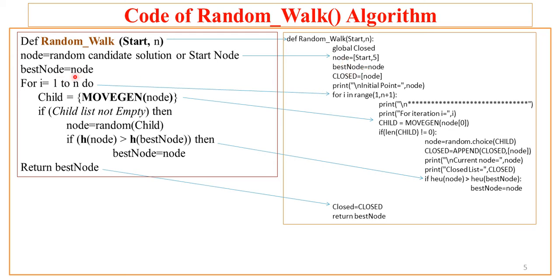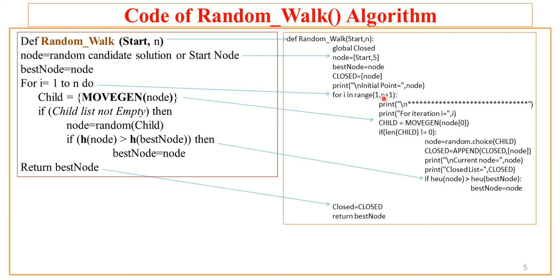Then the for loop for i equal to 1 to n, under which these 5 steps are to be followed, is coded as for i in range 1 to n plus 1.